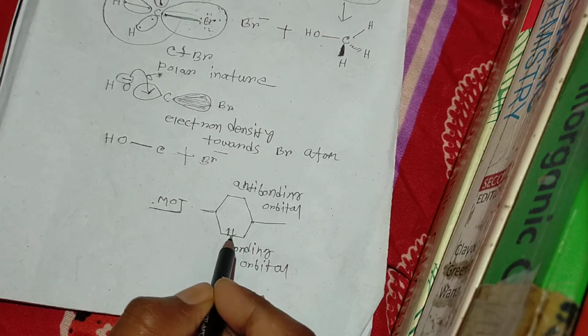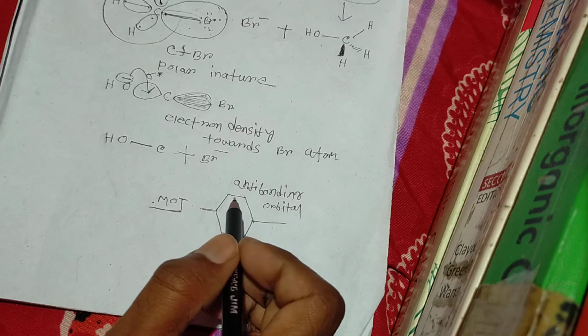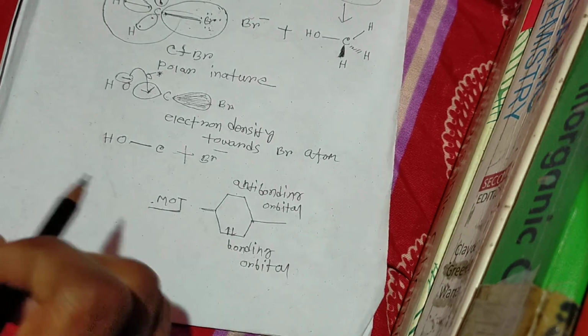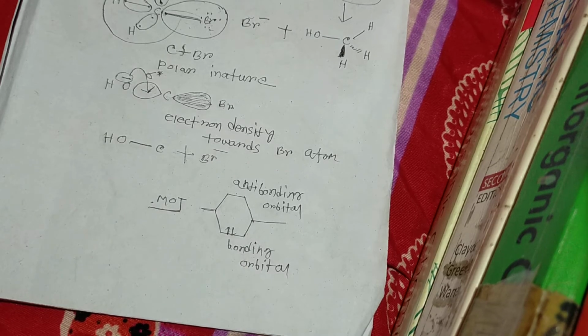Okay, so when electrons go to the anti-bonding orbital, obviously bond order decreases. That means bond dissociation occurs. Okay, very simple and very interesting.